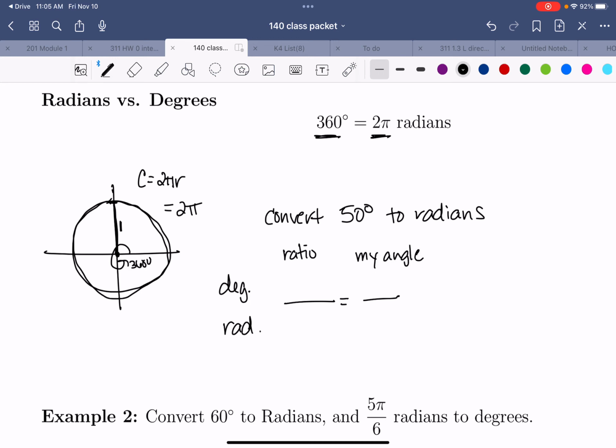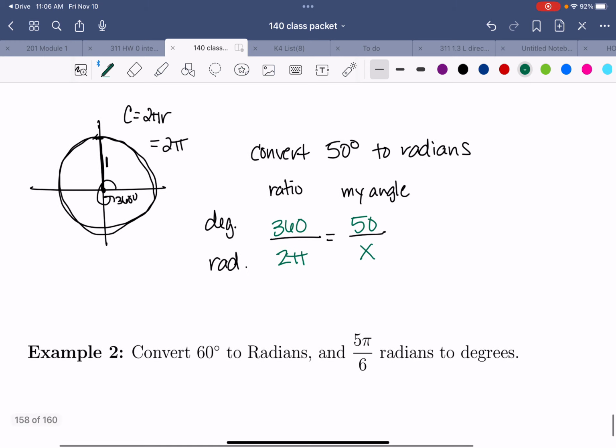I'm looking to convert my angle to radians, so I'm looking for this spot, my angle in radians. I know that my angle in degrees is 50, and the ratio is 360 degrees in every 2 pi radians. Then you just cross multiply, so this becomes 360x equals 100 pi.